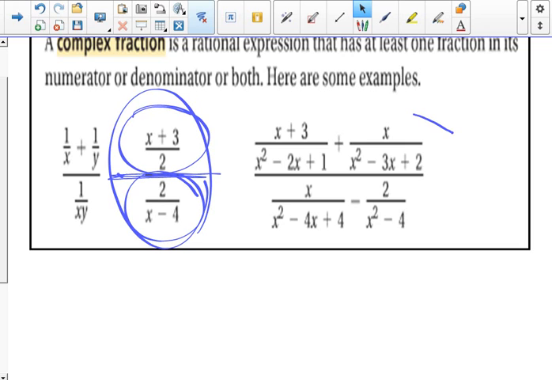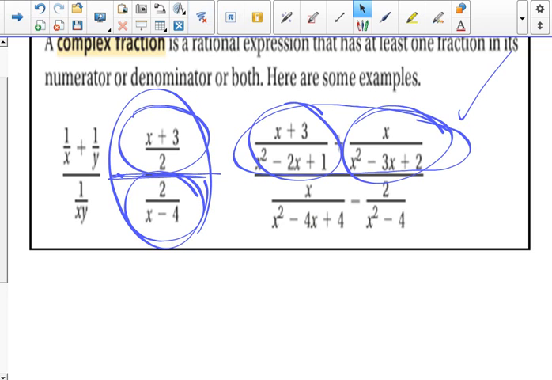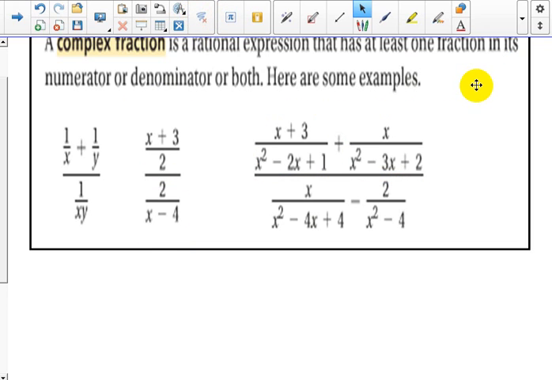Now look at this guy. This is a monster. A big one. Monster, as they say up east. So we've got a really complex fraction here. There's a lot going on in the numerator and a lot going on in the denominator.